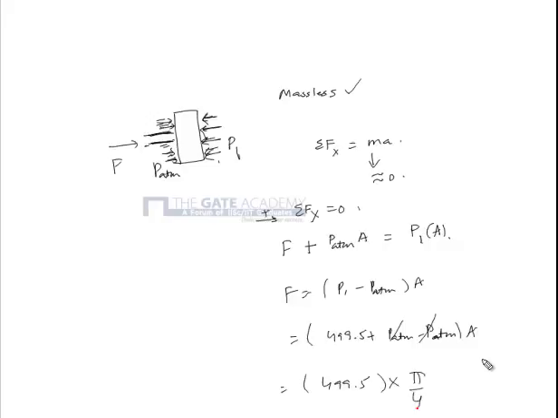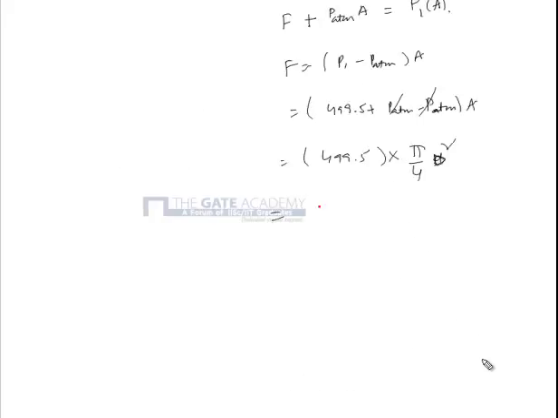A is pi by 4 D square, with D the syringe diameter. So I get 499.5 Newton per meter square into pi by 4 into 0.01 whole square, which comes to 0.04 Newton. So the answer is B. Thank you.